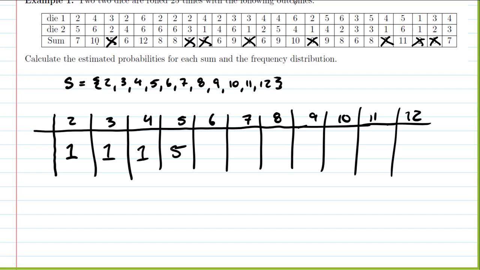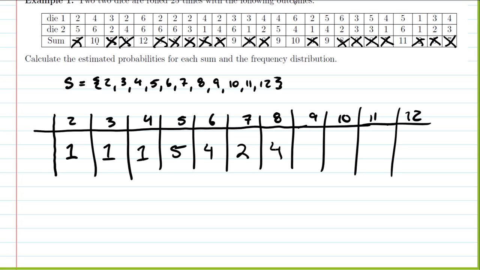So I go through my list. How many 6s do I have? 1, 2, 3, 4. And then I go through my list. How many 7s do I have? 1, 2. Go through my list. How many 8s do I have? 1, 2, 3, 4.